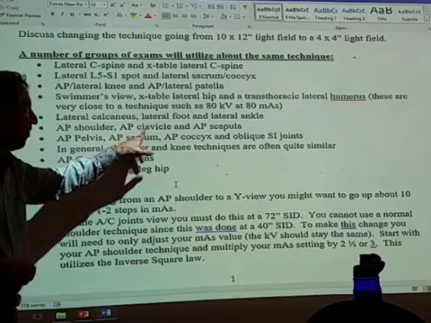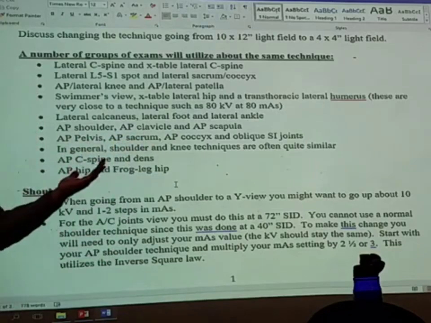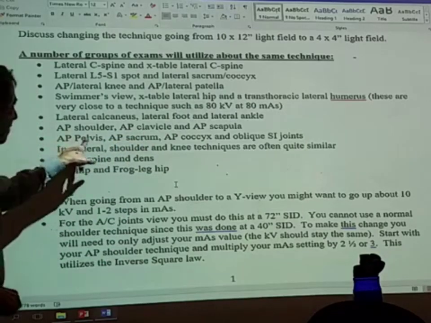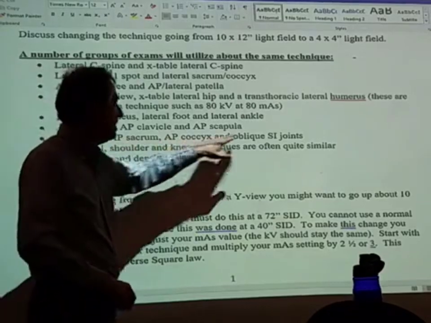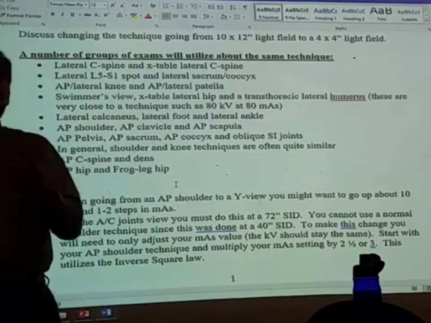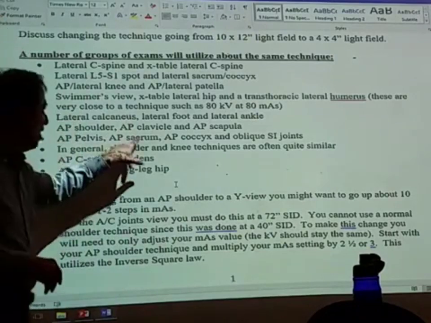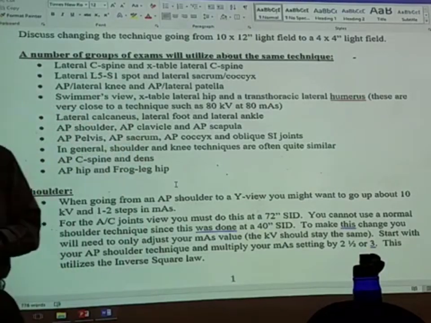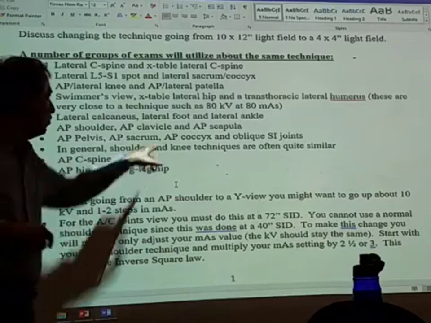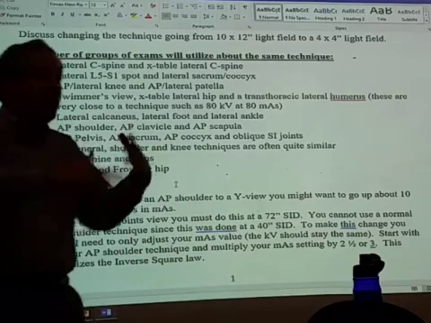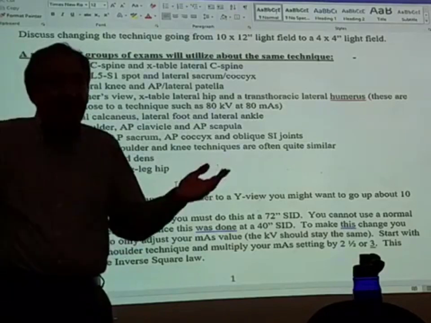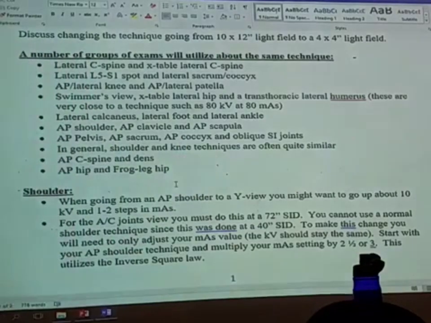AP shoulder, AP clavicle, AP scapula, it's about the same, okay? AP pelvis, sacrum, AP coccyx, the oblique, SI joints is the same. So a lot of times, if I did an AP sacrum and it came out good, whenever I would go to the AP coccyx, I would take it off of the AEC because I know I can pretty much use the same technique. It's going to come out to be about the same, all right?